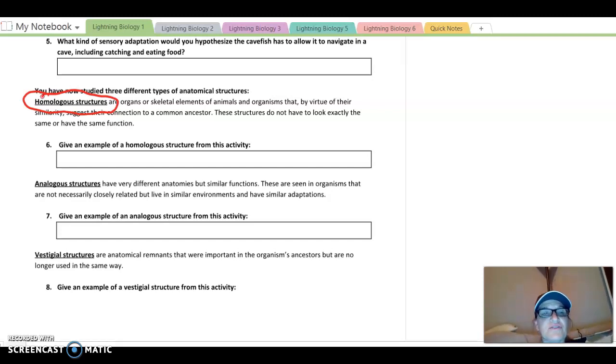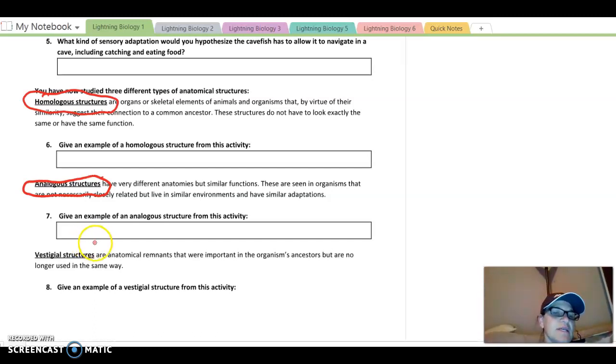Those are homologous structures. Then we also have analogous structures. Analogous, same function, but not the same form. Analogous structures actually don't help us as evidence to support relatedness. It typically does not indicate that two organisms are more closely related just because they have the same function. Structure is a much stronger piece of evidence.